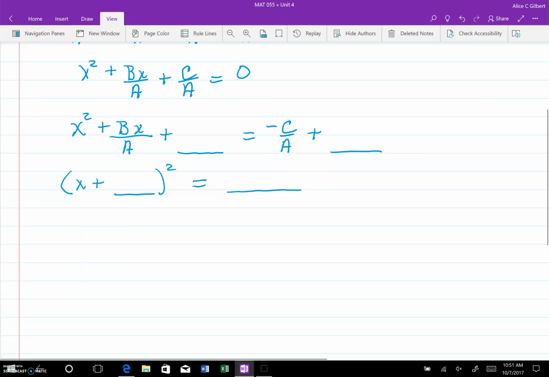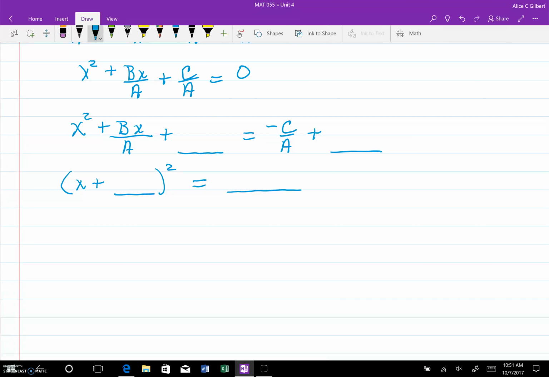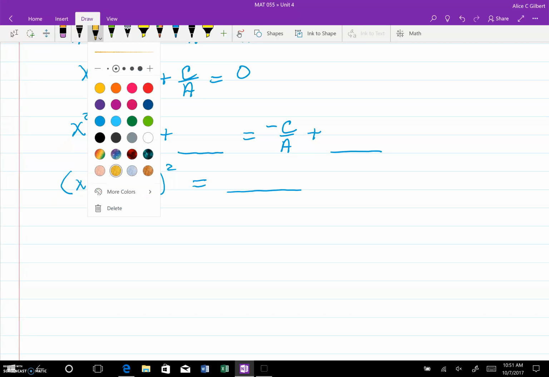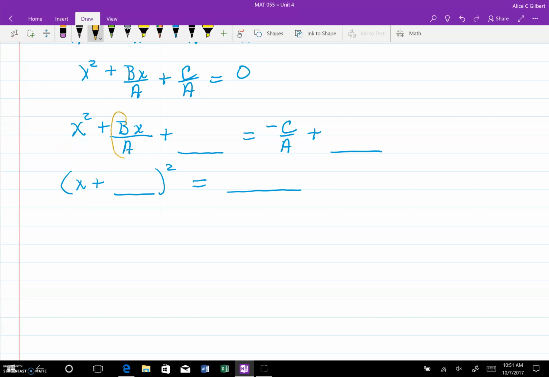Okay, so now I'm going to take the b over a and divide it by 2, because we always take what's in front of the x and divide it by 2. Remember, we're going to do this first blank first, this one second, this one third, and this one fourth. So b over a divided by 2.